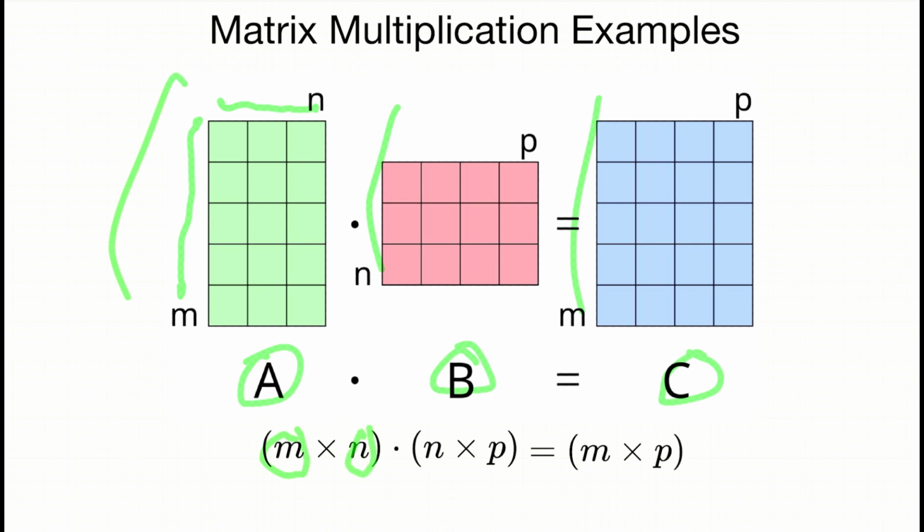Now the second matrix is going to have N rows and P columns, so it's N by P. For this to be defined, the two N's have to be equal. If they're not, then it just won't work. It's undefined.